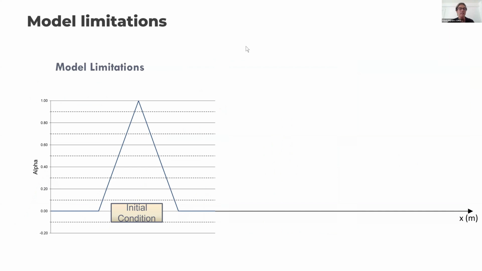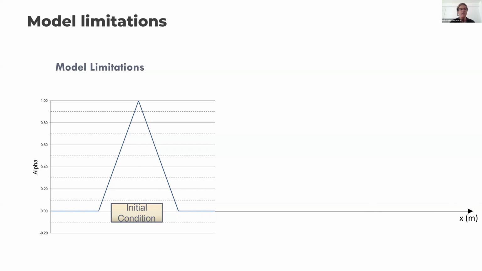And imagine that you have a property, a pollutant or temperature or whatever, that has this initial profile along the channel, okay? The initial property is like a triangle. So the concentration increases and then decreases, and the rest of the channel is free from that concentration, okay?